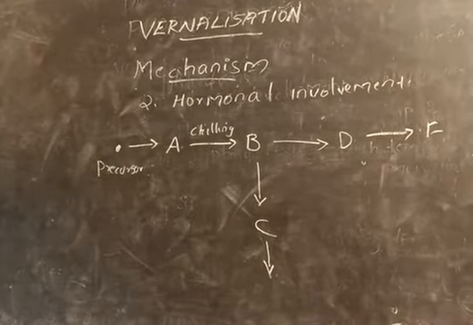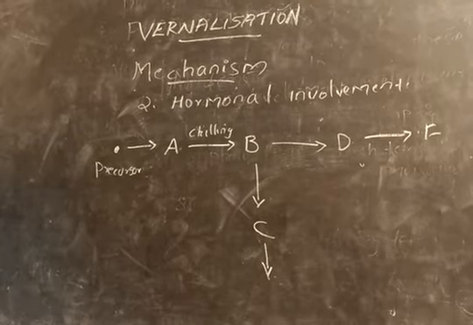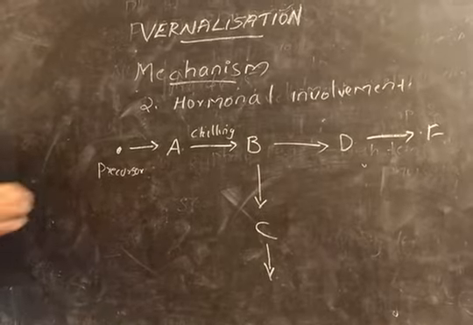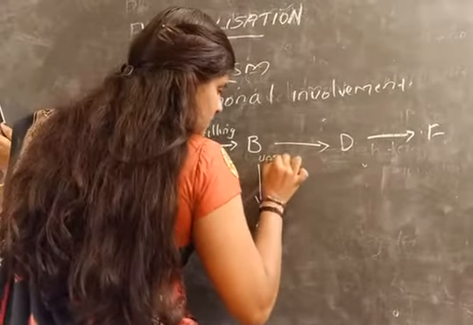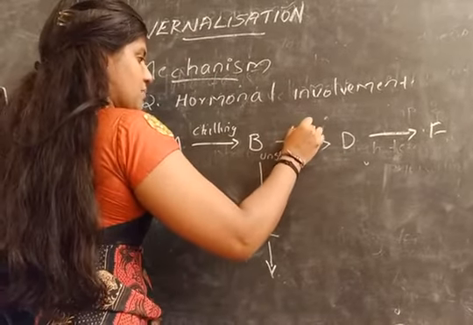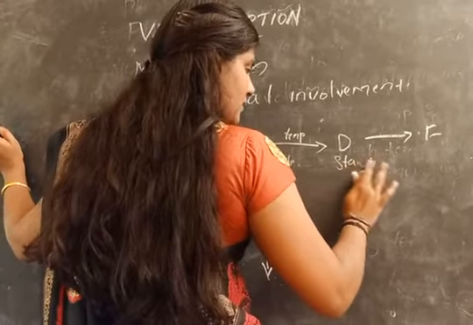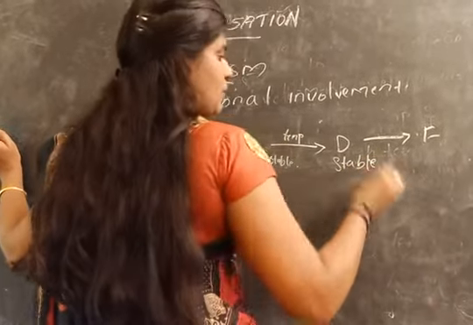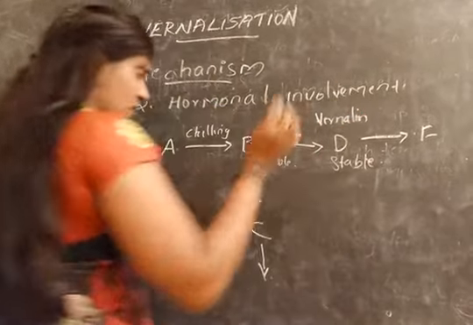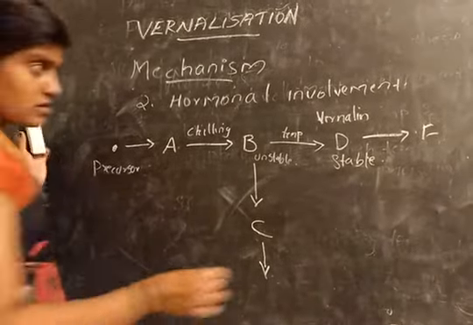And this B is highly unstable. At a suitable temperature, the B is converted to a stable compound called D, called vernalin. And this vernalin is converted to F called florigen.